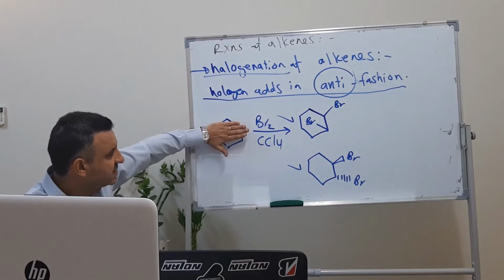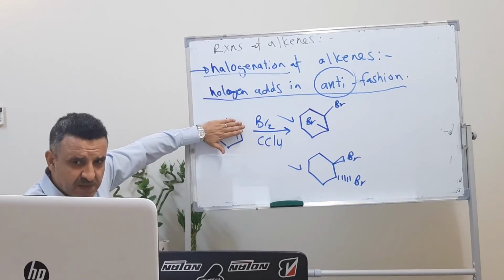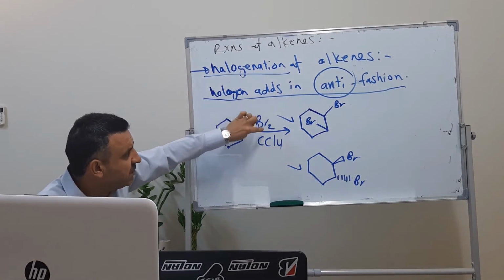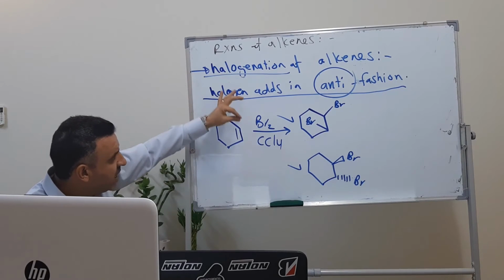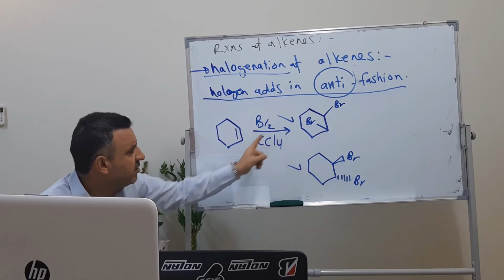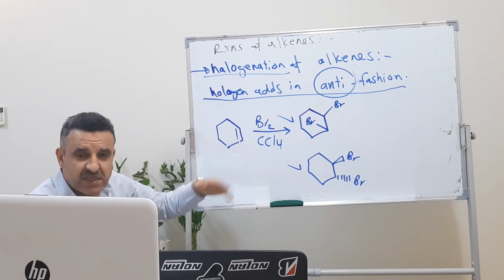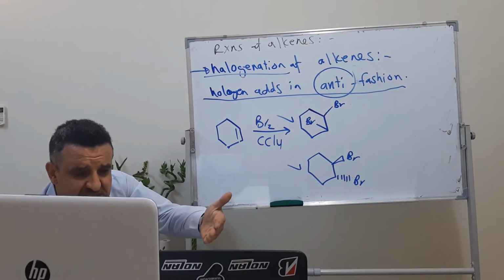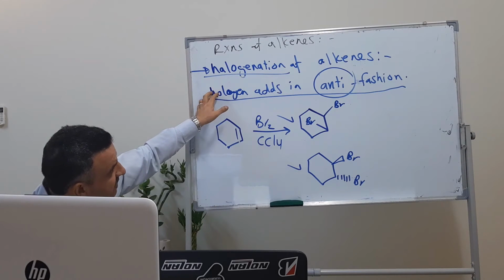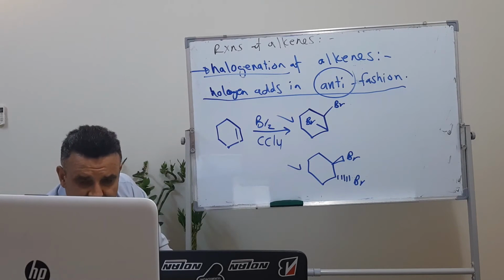Alkene is a planar system, which means the two adding parts, the two bromines, one will be from above and the other from below. They can't be from the same face.